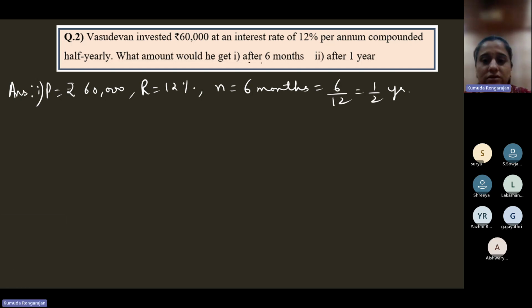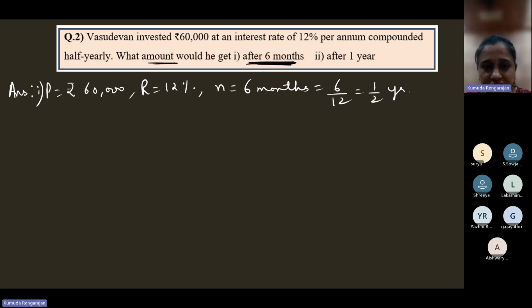See this one. After 6 months, what amount would he get after 6 months? So we are answering this one first. Principal 60,000, rate of interest 12%, and it's compounded half yearly. Interest is calculated every 6 months.